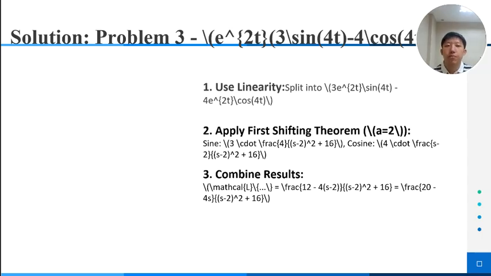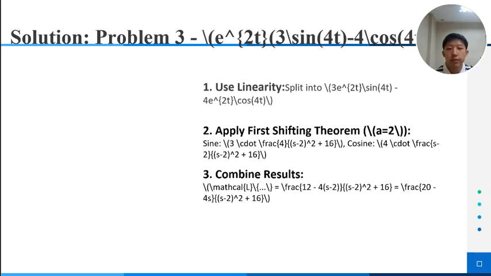The third problem is e^(2t) times (3 sin 4t plus 4 cos 4t). Using the linearity property of Laplace transforms, we can handle the sine and the cosine terms separately.